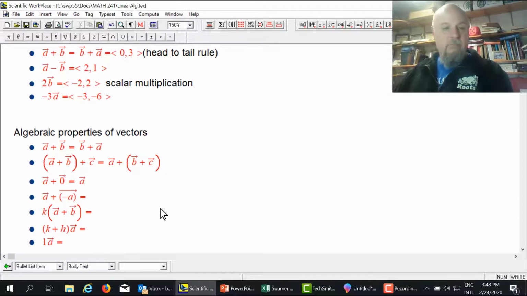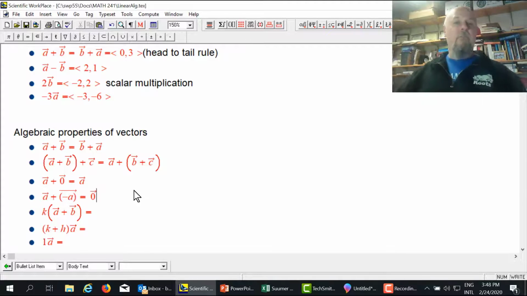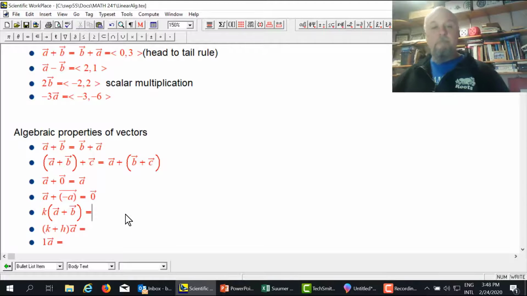You get that same vector. If I add a vector plus its negative, I get the 0 vector. So if I go out a and then back a, you're at the 0 vector.